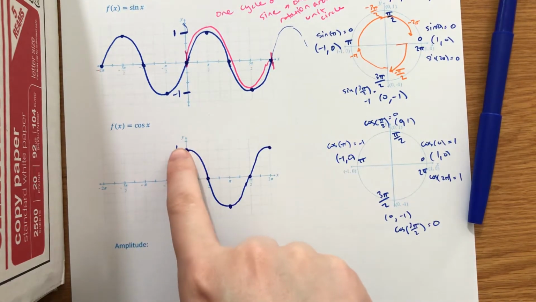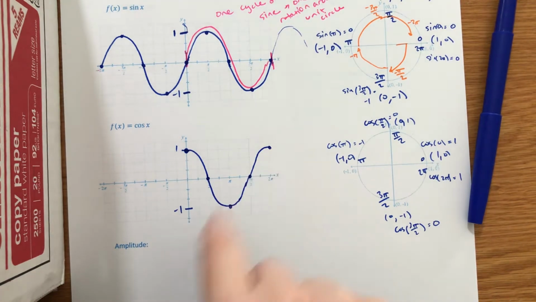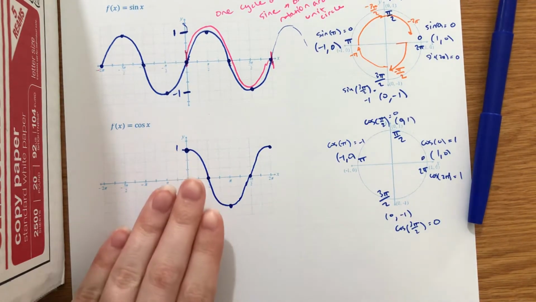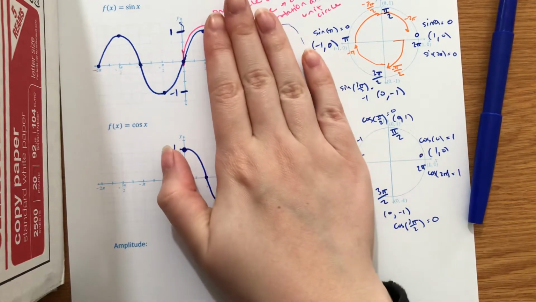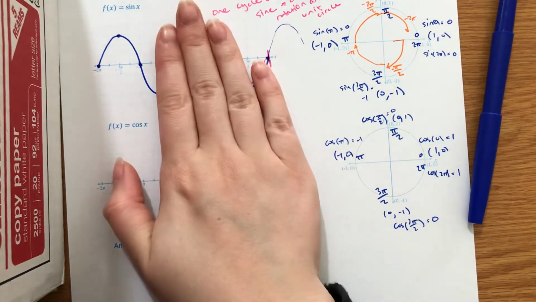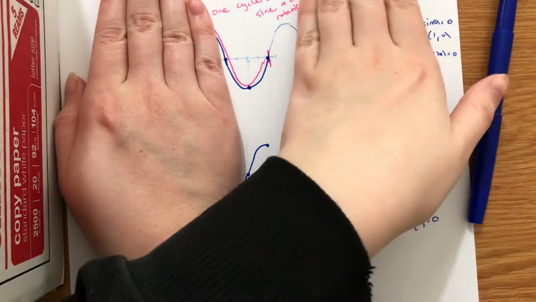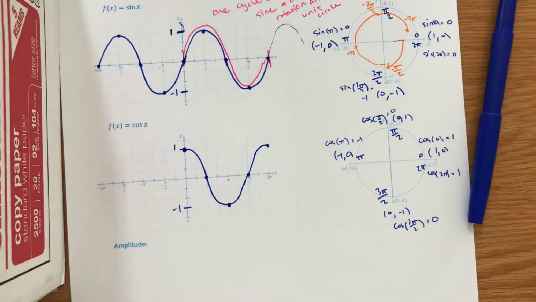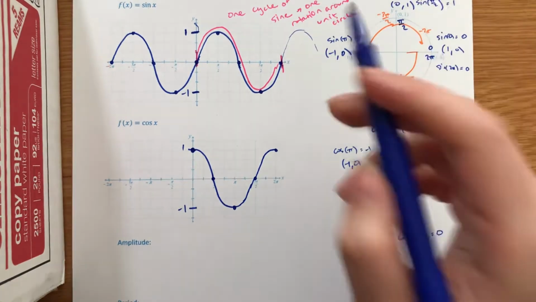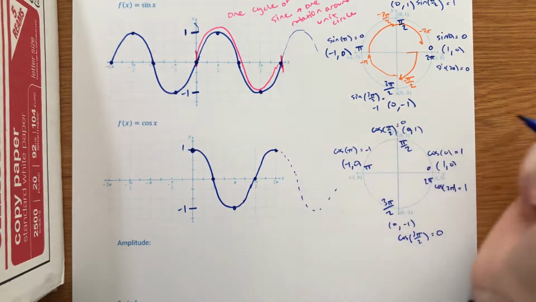Except it has half of a peak, a whole valley, and then the other half of the peak. So really it's kind of like if a sine graph was shifted to the left a little bit. So if we took this and we shifted it to the left, as if we started right here and ended right here. So that's the cosine graph. So it's just shifted a little bit. So if we kept going, it would look like up here.